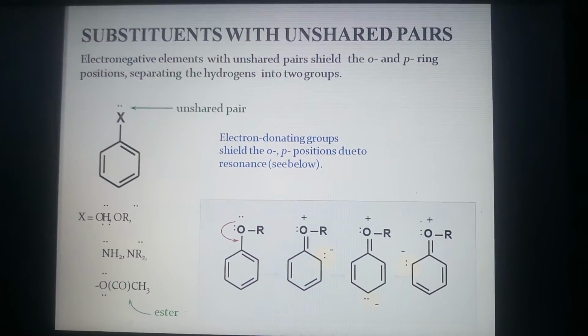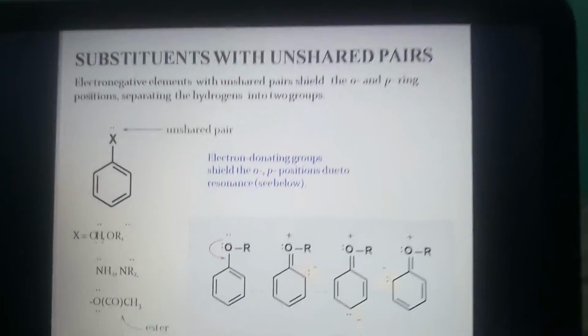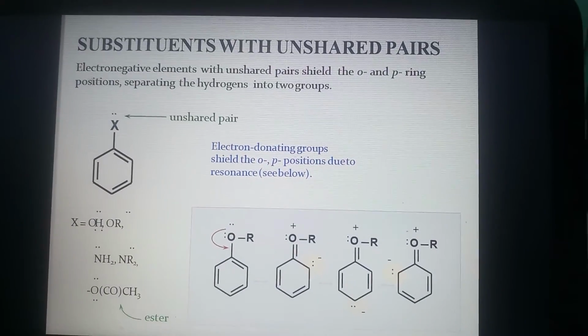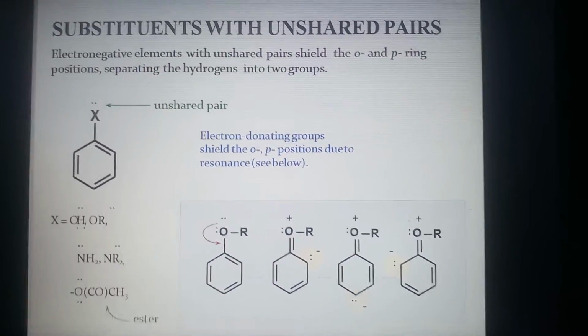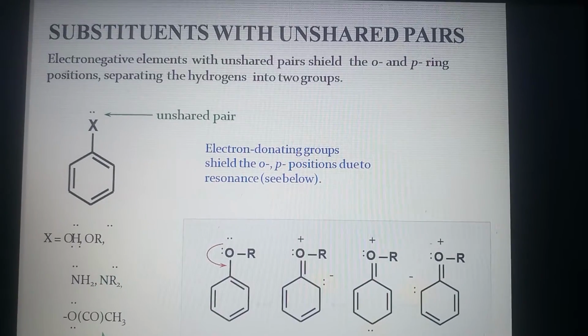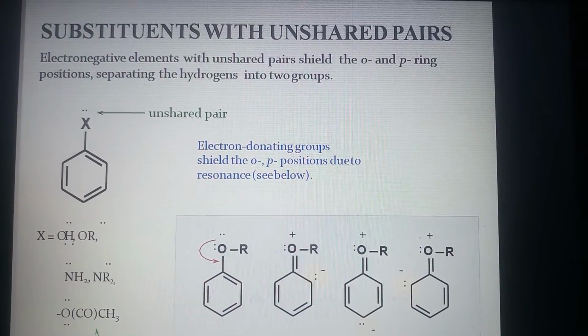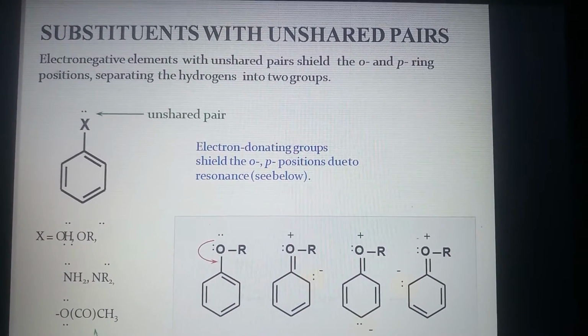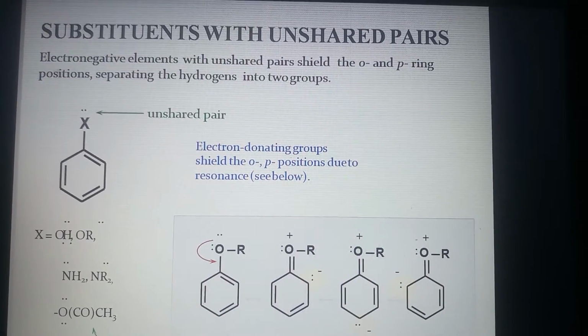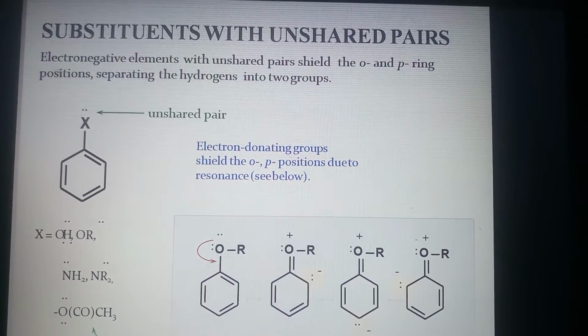Now if the substituent has an unshared pair, in case of electronegative elements with unshared pairs, they shield the ortho and para ring positions, separating the hydrogens into 2 groups.